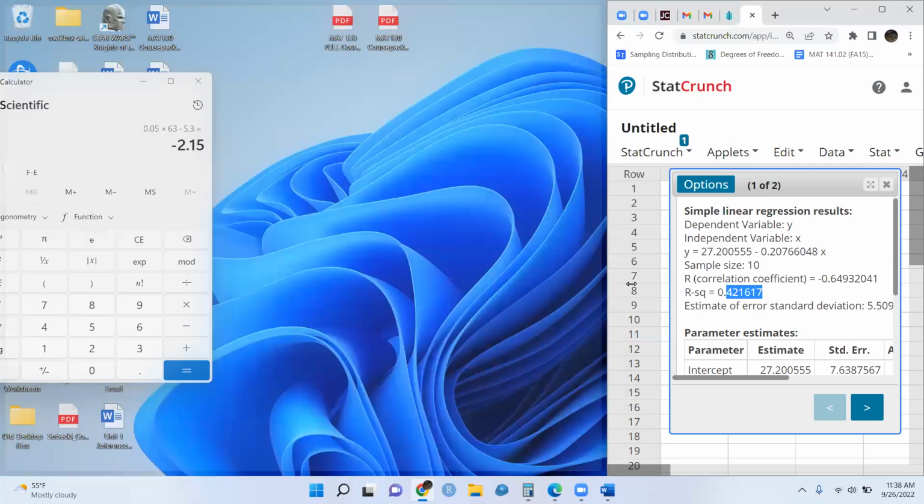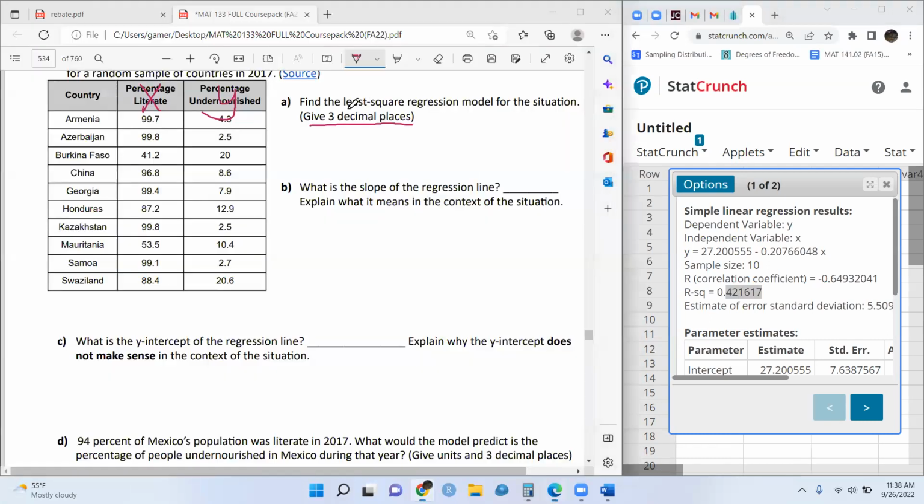What 4A is asking for is the least squares regression model, which is a great word for the linear equation. The thing you should focus on, I think the most common word in all these is the model or linear model. I think model shows up in almost every definition we use.